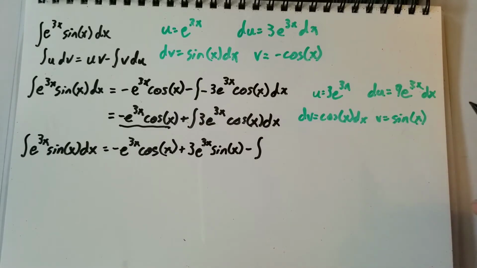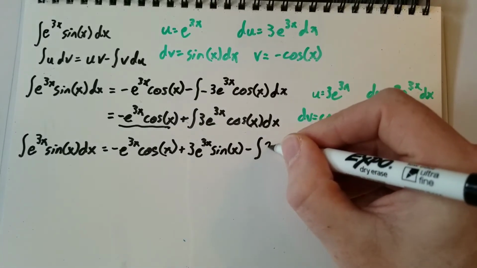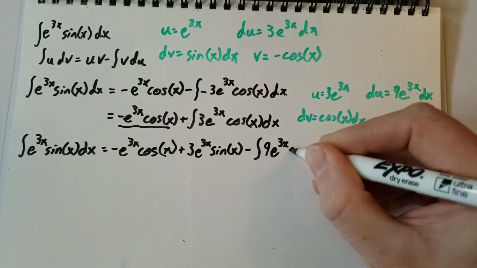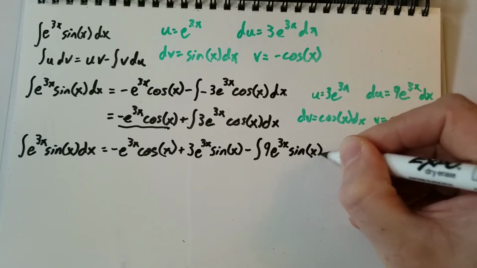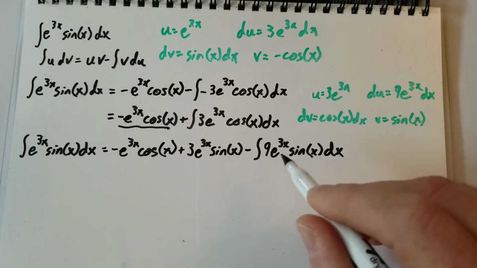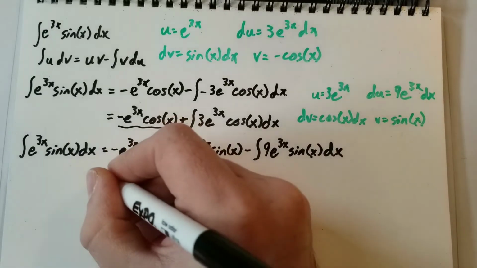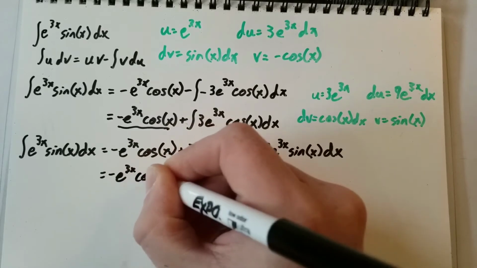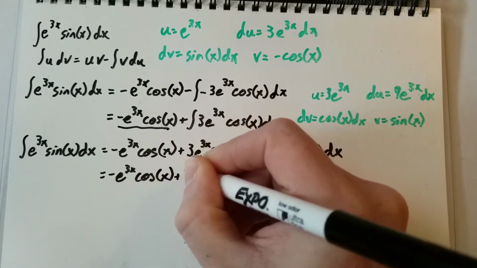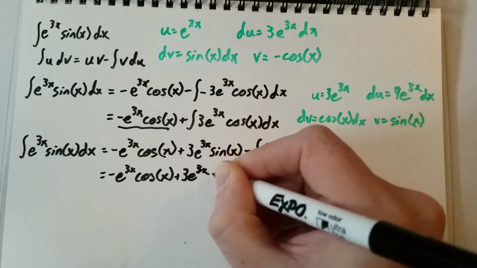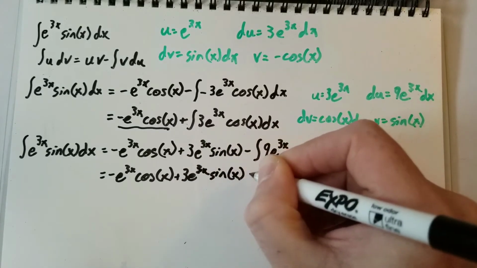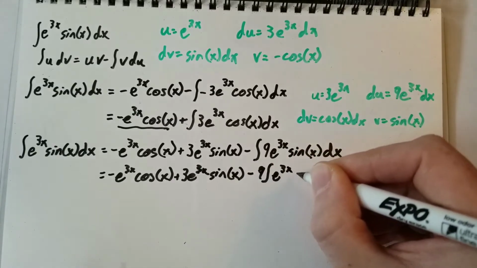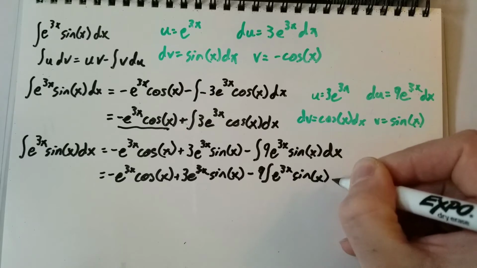So we've got 9e to the 3x sine x dx. And then I'm just going to rewrite this and pull the 9 out front. So we've got negative e to the 3x cosine x plus 3e to the 3x sine x minus 9 times the integral of e to the 3x sine x dx.